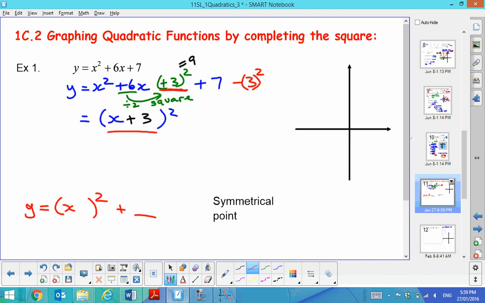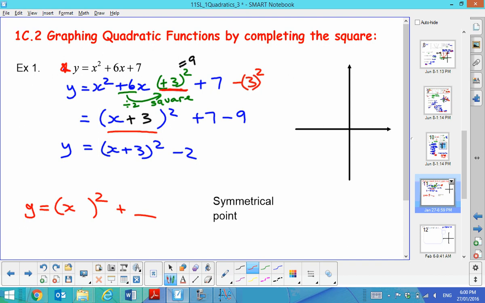So this first part, x plus 3 all squared, is the first part of our equation. Now I've got to think I want plus 7 minus 9. So the minus 9 is taking away what I just added to it. So our equation is x plus 3 squared minus 2. And if you expanded that, you would get back to the original equation, this one here.